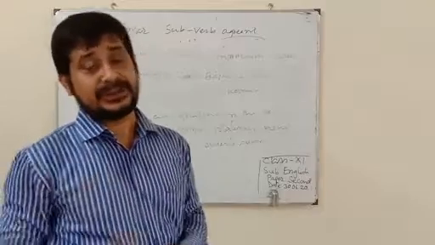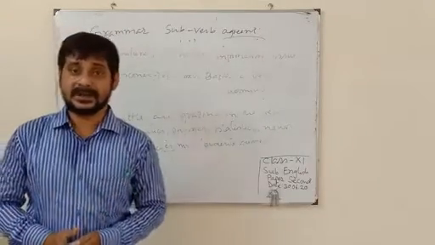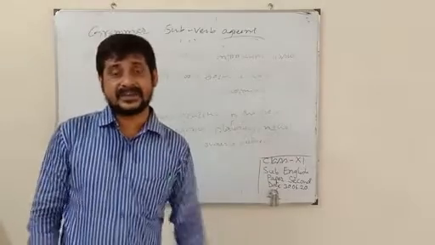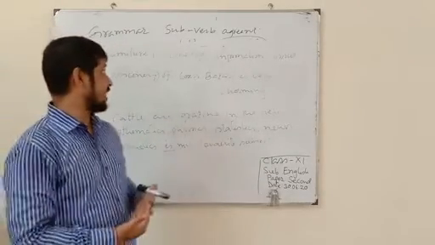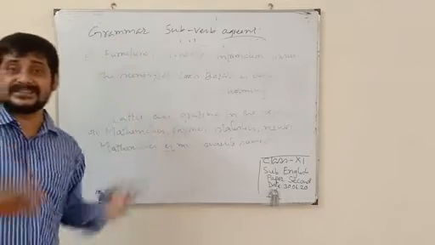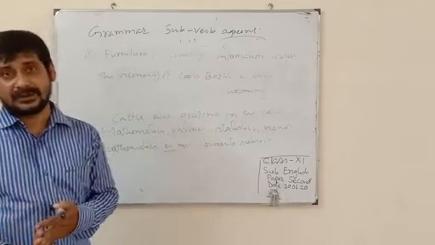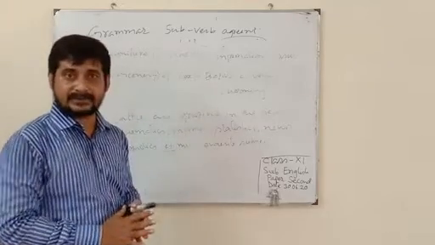Thus we can use singular and plural verbs after the subject. If we don't have enough knowledge about whether a subject is singular or plural, we cannot use the singular or plural verb correctly.